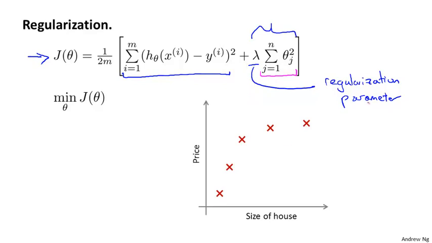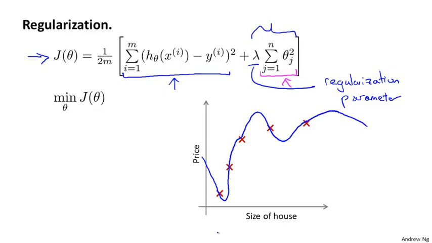And what lambda, the regularization parameter, does is it controls the trade-off between these two goals, between the goal of fitting the training set well and the goal of keeping the parameters small, and therefore keeping the hypothesis relatively simple to avoid overfitting. For our housing price prediction example, whereas previously if we had fit a very high order polynomial, we may have wound up with a very wiggly or curvy function like this.